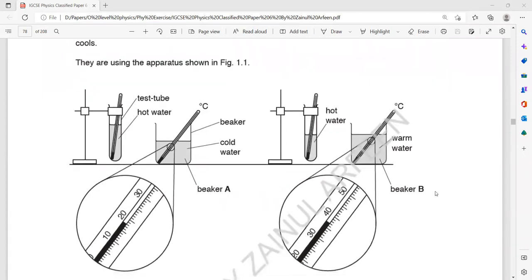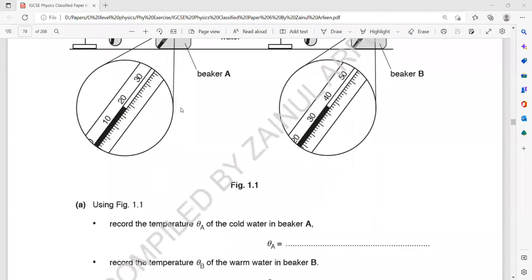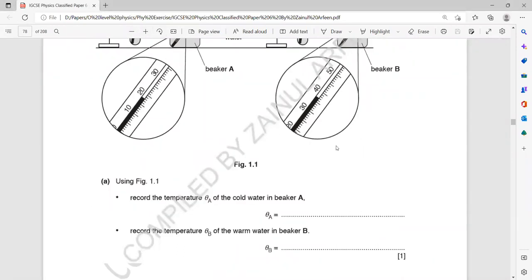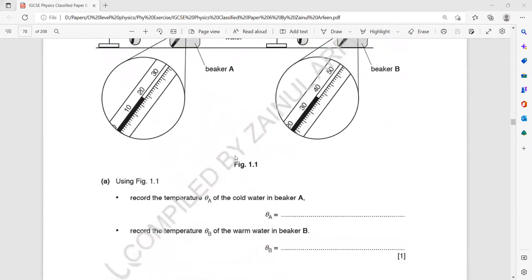A beaker A is there and a beaker B, and different temperature readings are there. You can use screen annotation to record the temperature theta A for the cold water in beaker A and the warm water in beaker B. What is this temperature reading?